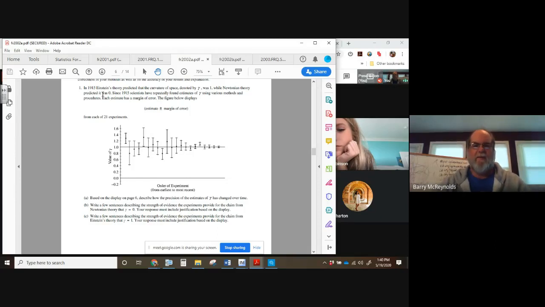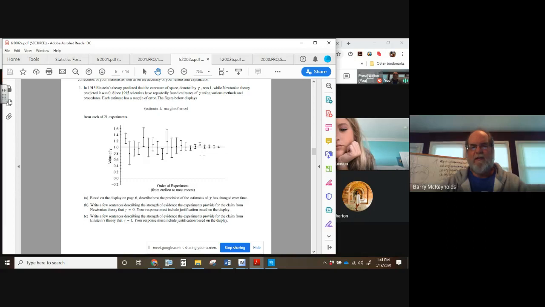Since Einstein published his theories in 1915, scientists have been trying to measure that value, and here's some data. Notice the axis here is from earliest to most recent. These are the early scientific studies, and these are the more recent ones.